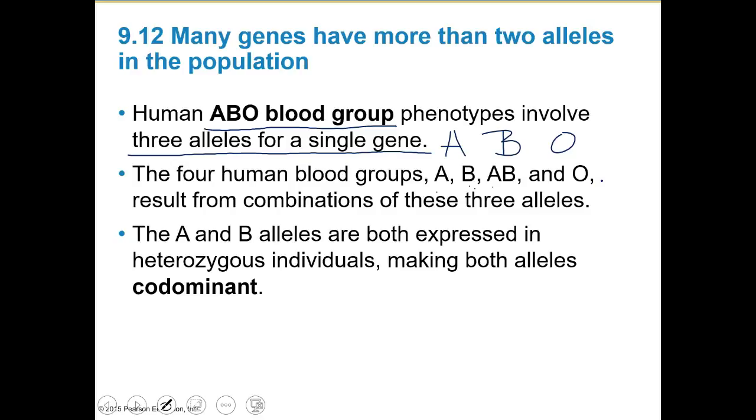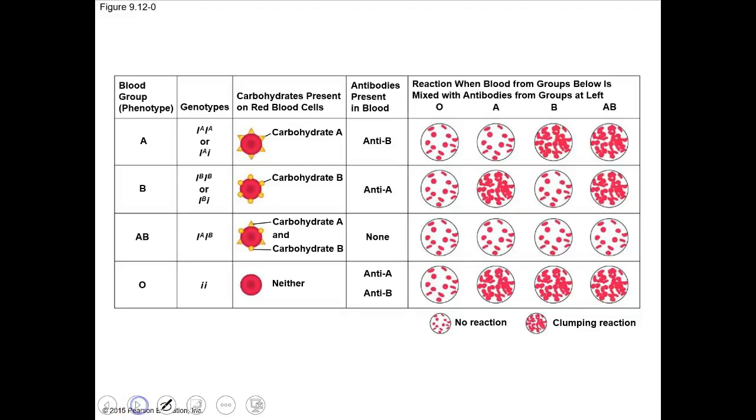A and B alleles are both expressed in heterozygous individuals, making them codominant. So codominance isn't really like incomplete dominance, where they make a blend. In codominance, it's more of a patchy type thing. So what happens is we have the A blood type, and it will express A here.